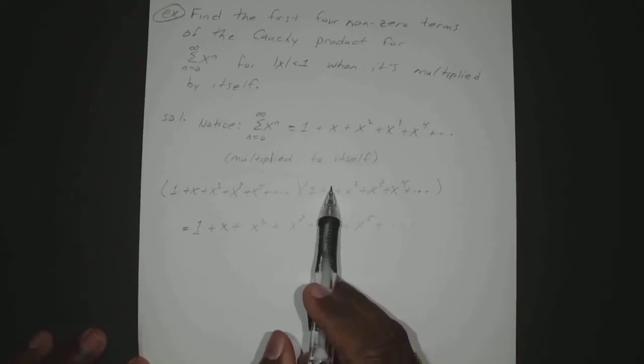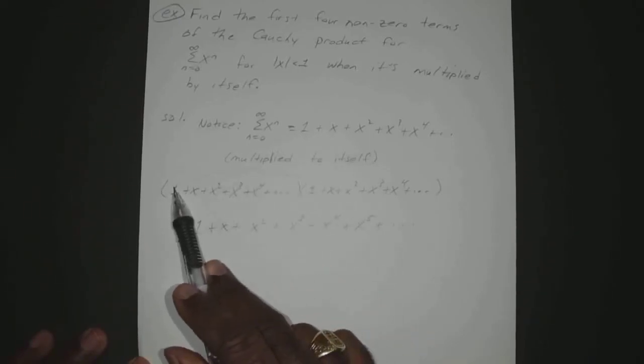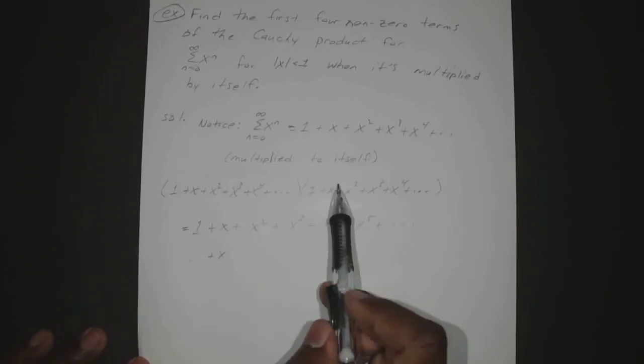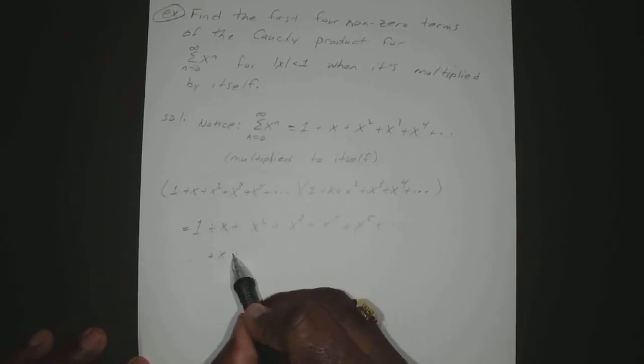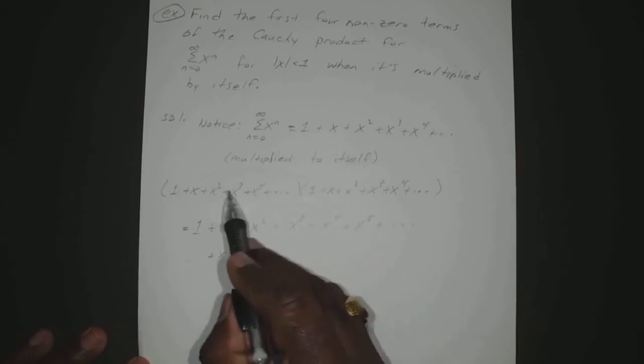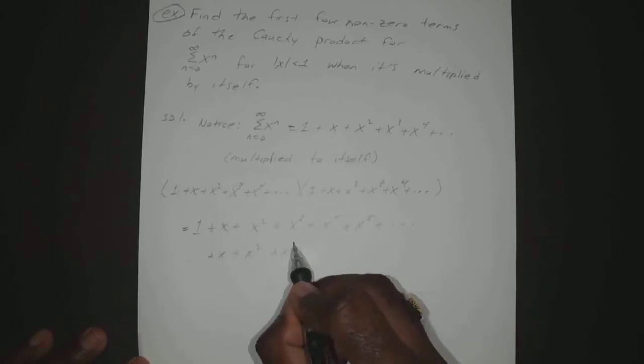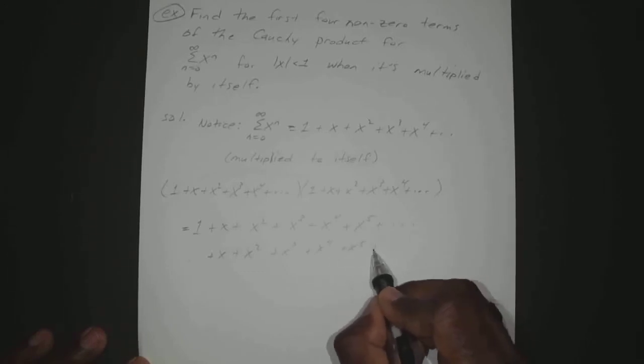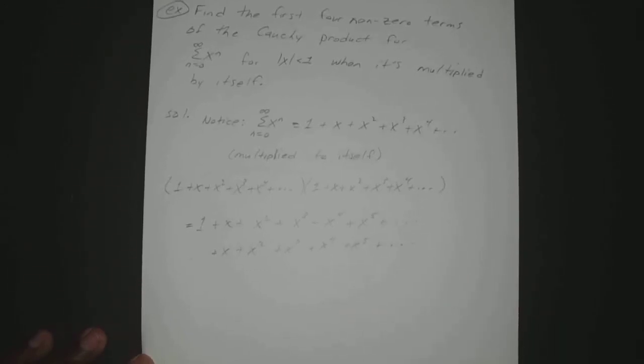Okay. Now if we distribute our x, x times 1 is x, x times x is x squared, x times x squared is x to the third, and you get x to the fourth, x to the fifth, and it keeps on going.